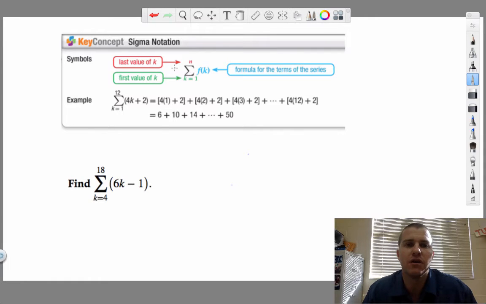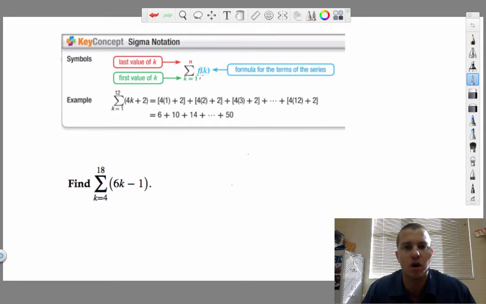You may also hear this as summation notation, which is kind of cooler to say. The value on top of the sigma is the last value of the series, and this is the first one. When it's talking about that, it's talking about the term number, the n basically.